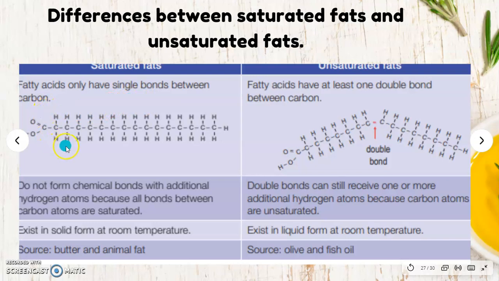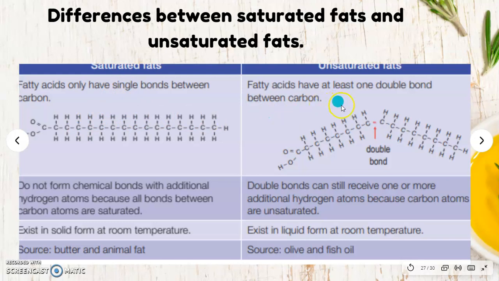As you can see in the diagram here, this refers to the carbon element. Between C and C there is only a single bond. That is a saturated fatty acid or saturated fat.